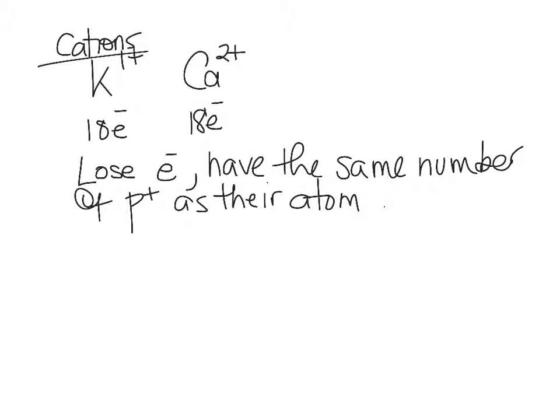So when you lose electrons, there's less electron-electron repulsion, but there's a greater positive-negative attraction. Okay? So this is just for an atom, just potassium, or just calcium. This isn't comparing the two. So there's less electron repulsion.